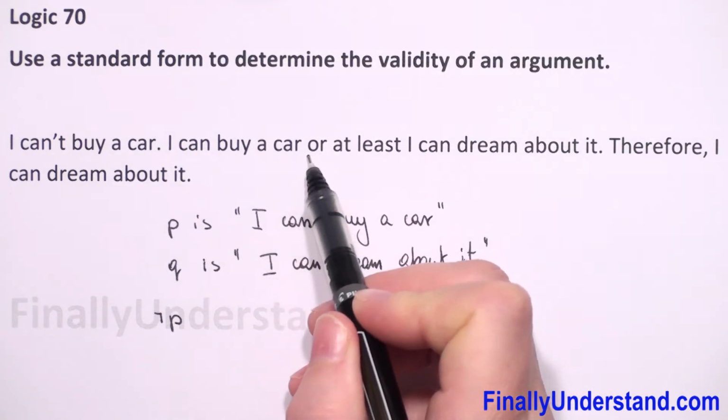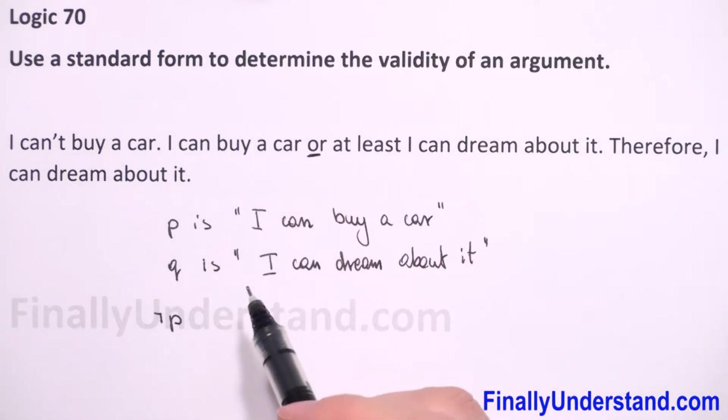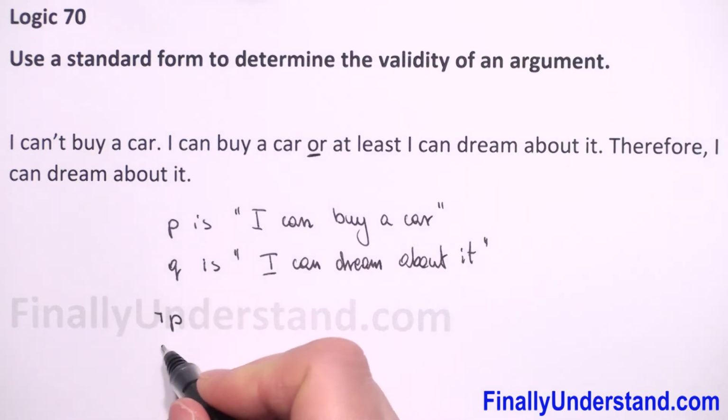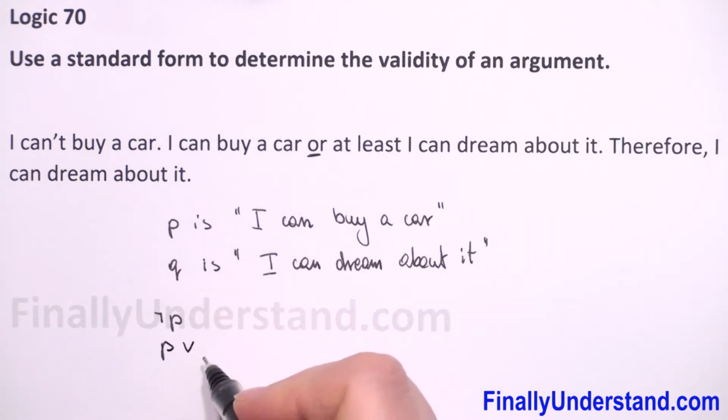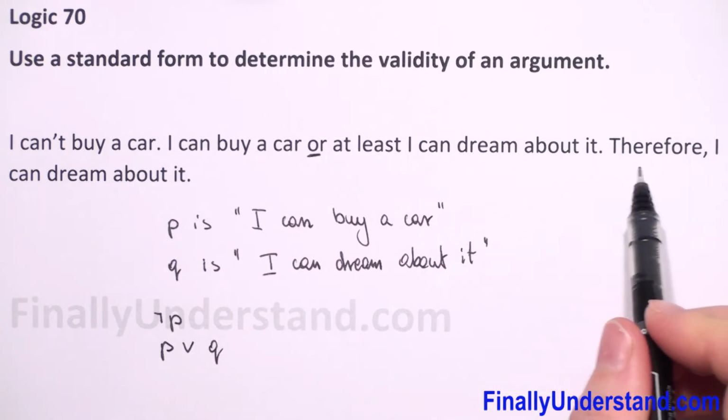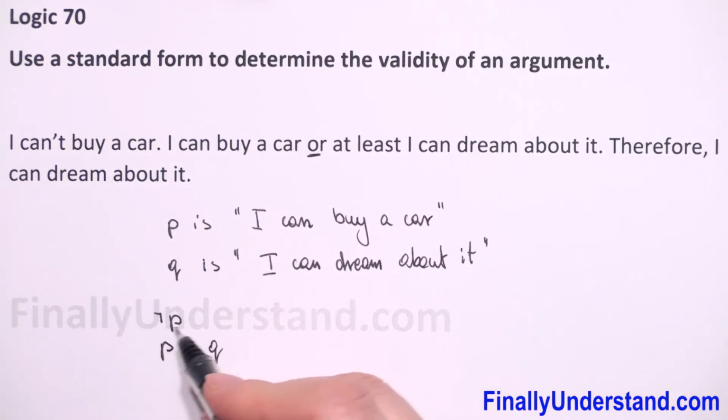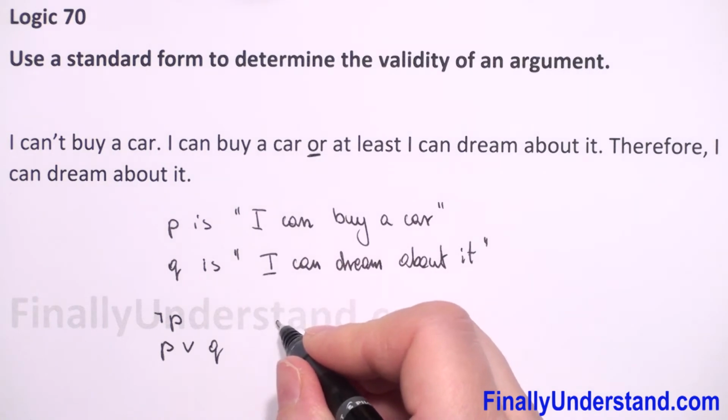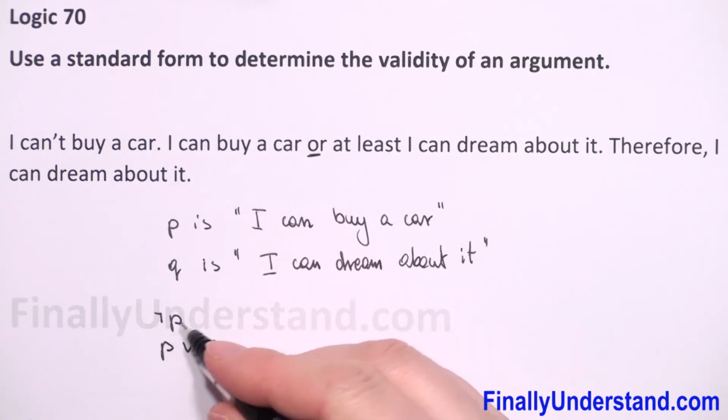So we have or, it means we have here disjunction. So we have P or Q, and we have therefore. So this is our first premise, not P.